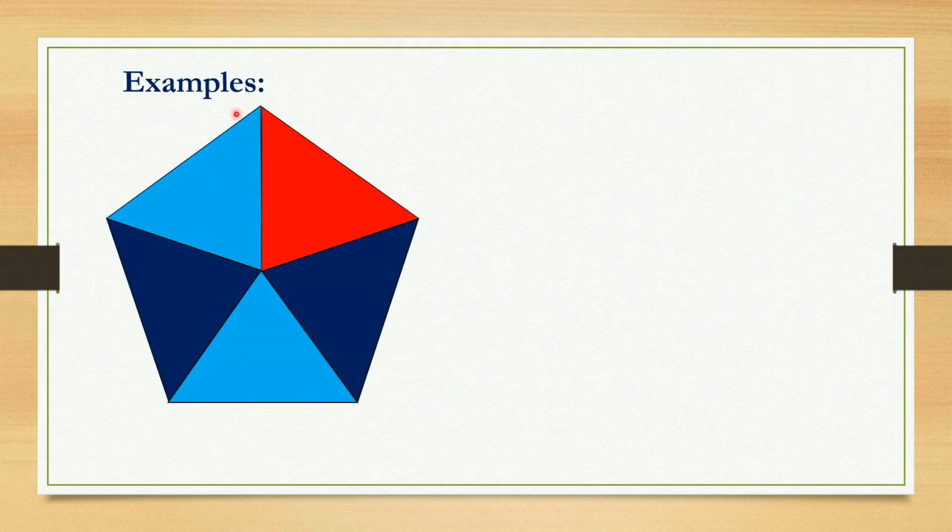Now let's do some examples. We have this unit. This is a polygon that has 1, 2, 3, 4, 5 sides. What fraction do the light blue parts represent? Here we have light blue. We have two parts that are colored in light blue.